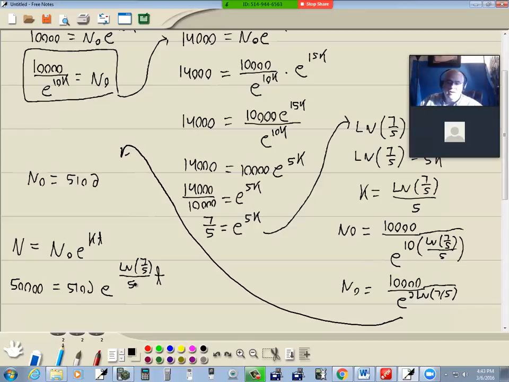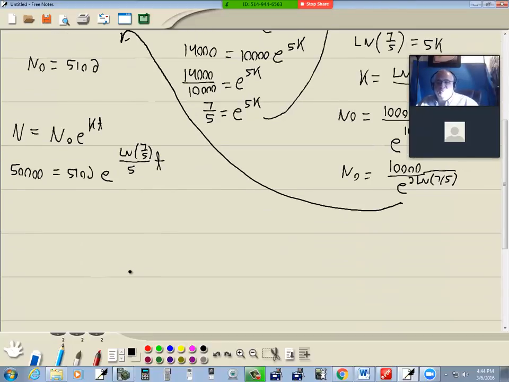So here, to solve this, you divide both sides by 5102. That equals e to the natural log of 7/5 over 5 t. And take natural log of both sides.